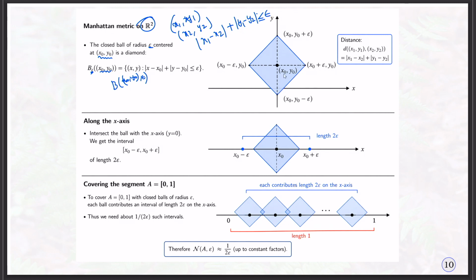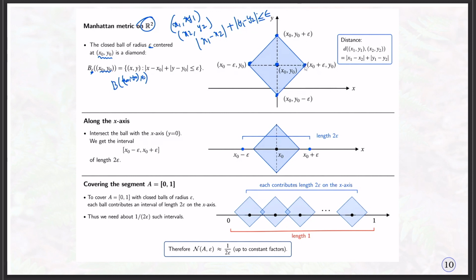So, if you are taking (x naught, y naught) here, then if you are taking the epsilon, x naught plus epsilon is here, x naught minus epsilon is here, this is our y naught. Then y naught plus epsilon is on the upper side and y naught minus epsilon is this side. Now, we have these 4 points.